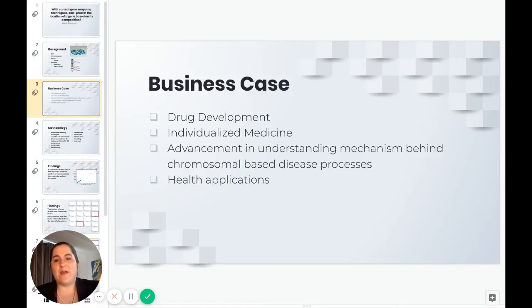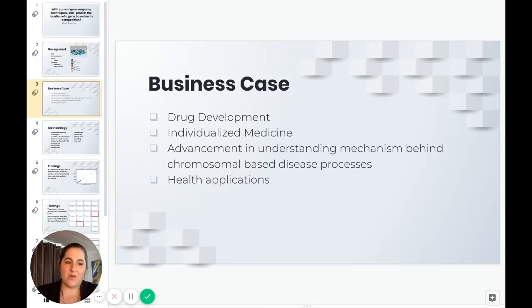The reason why this study is important is because knowing the location of a gene based on its genetic information, or the location of a gene based on its amino acid composition, can help us with drug targeting. And that's really helpful whenever you're working in drug development. Also, if we can access the location of a gene, then we can develop individualized medicine, again, through this type of targeting based on amino acid composition.